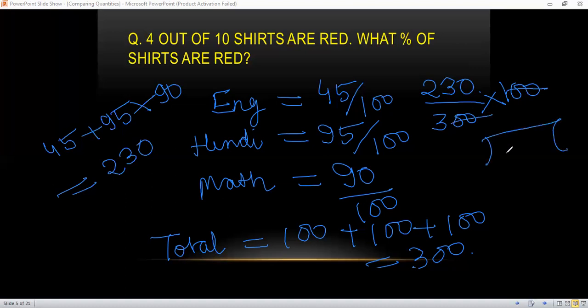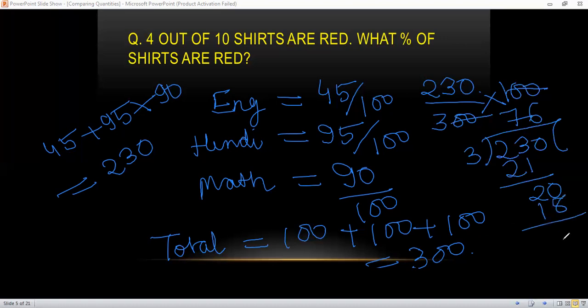So now divide it. 230 by 300 times 100, and the percentage we get is 76.6.